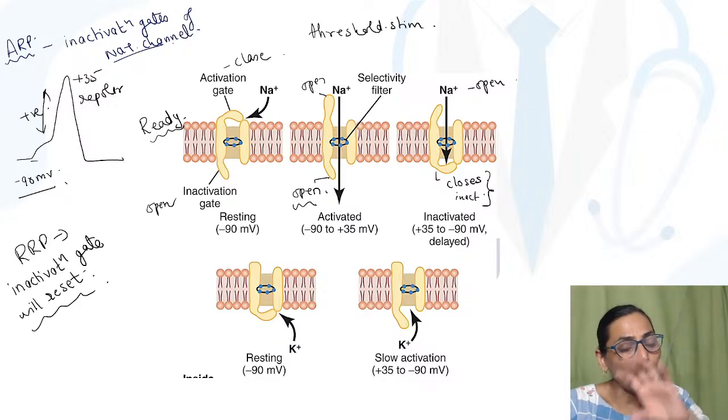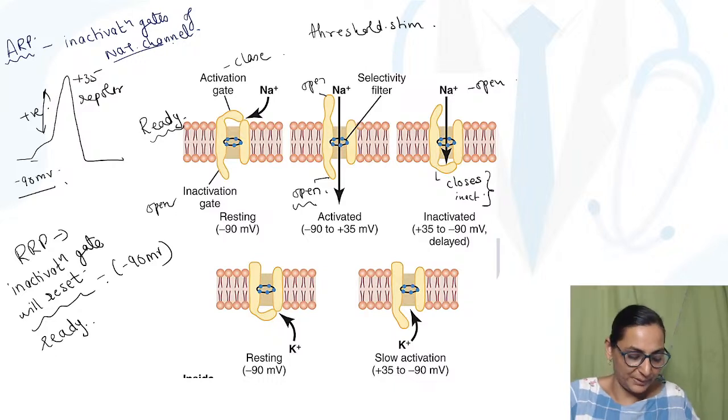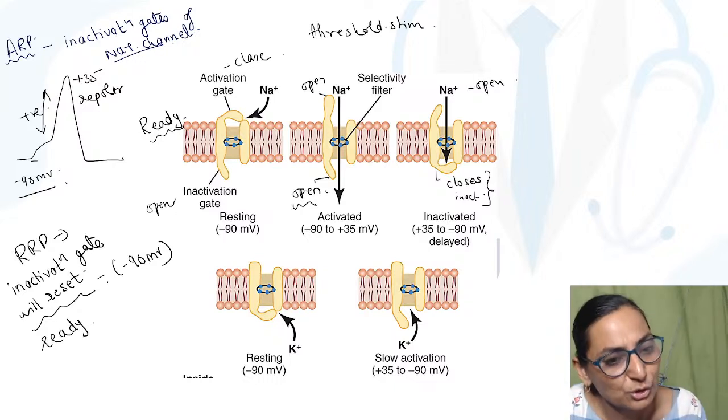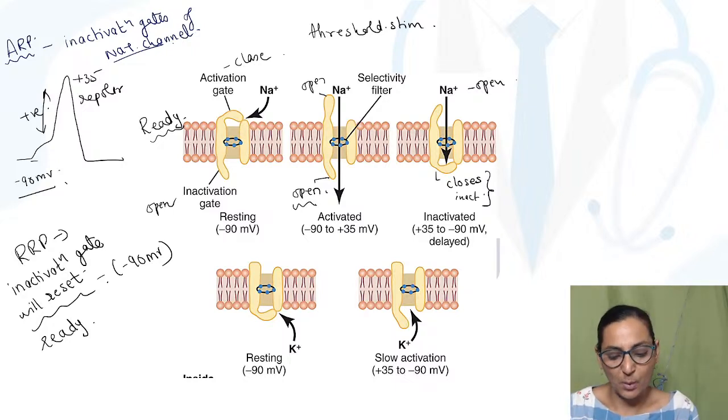That means it will be going back towards the first stage, minus 90. That means going back to the first stage where it becomes ready to open. And therefore, if you give a threshold stimulus, you will get a response. So it is the sodium gates, and especially the inactivation gate of the sodium, which is much more important.